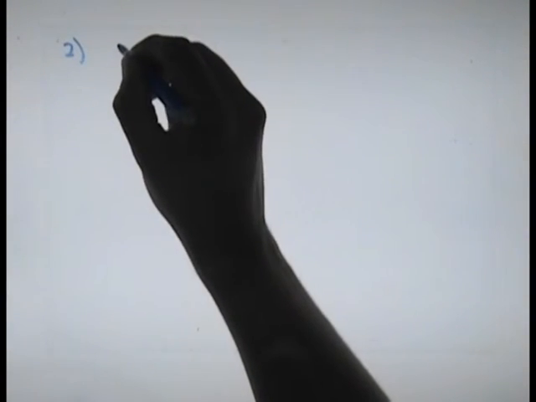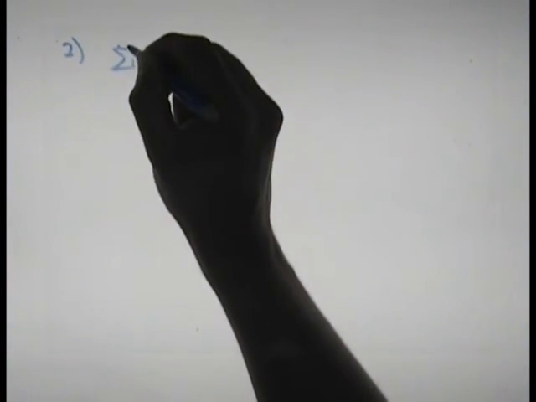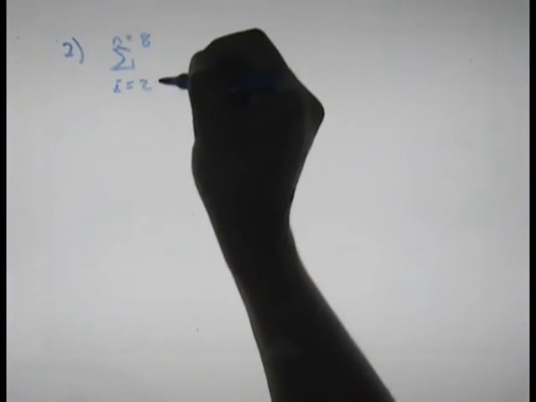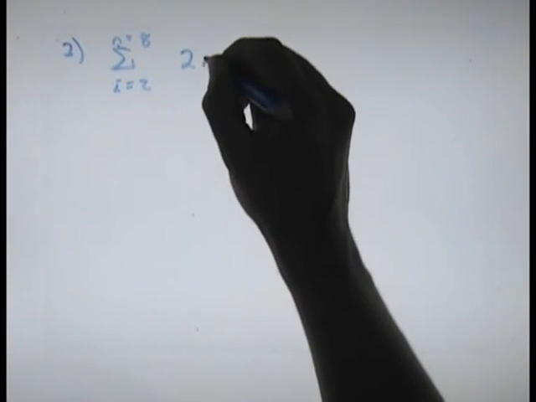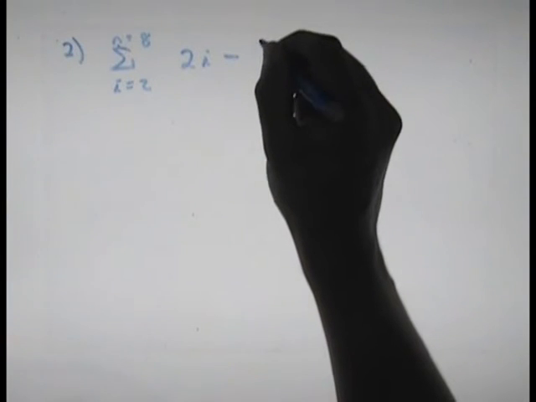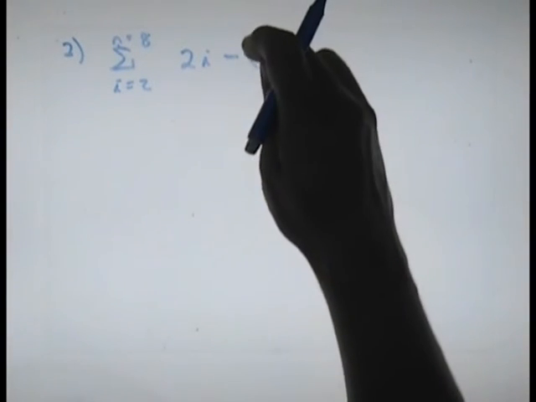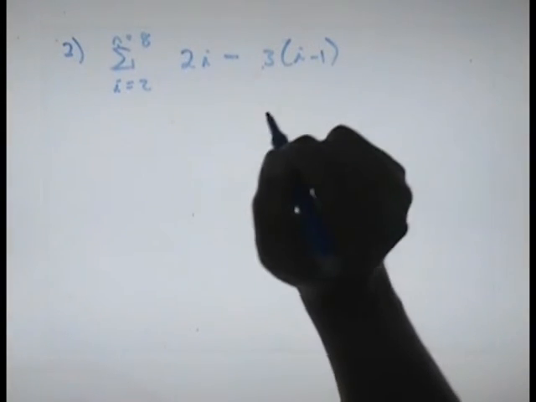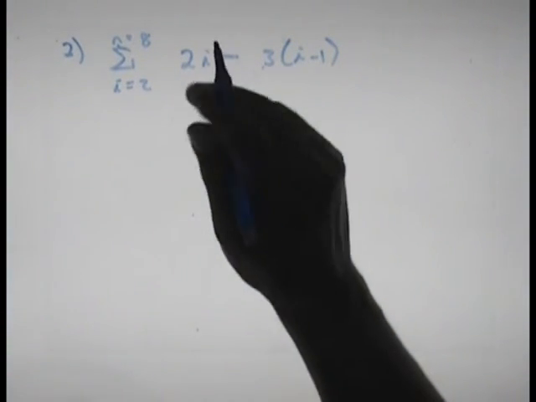The next one I gave you to do, number 2, read sigma, where n is equal to 8, i is equal to 2, of 2i minus 3 times i minus 1. It's not a difficult one to do.